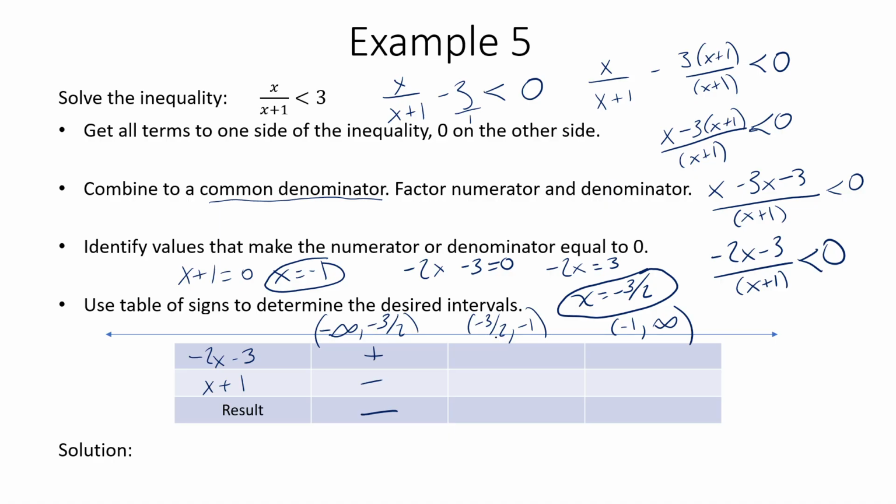Okay. Now let's choose a number between negative 3/2 and negative 1. Oof, this one might be a little bit harder. What if we chose, say, negative 1 1/4? Okay. We chose negative 1.25. If I chose negative 1.25, this one would wind up negative.